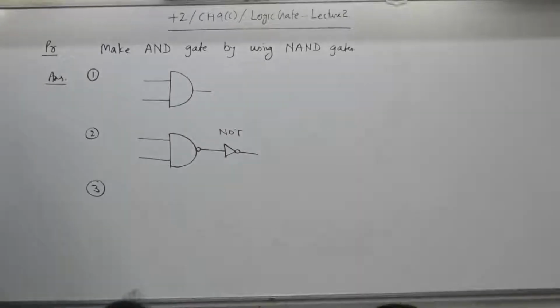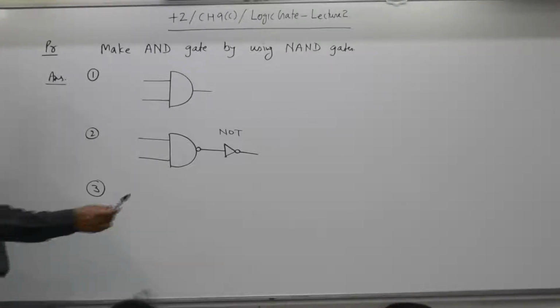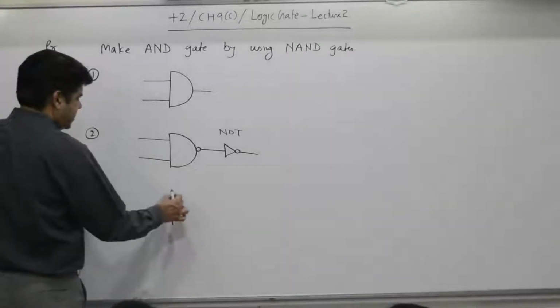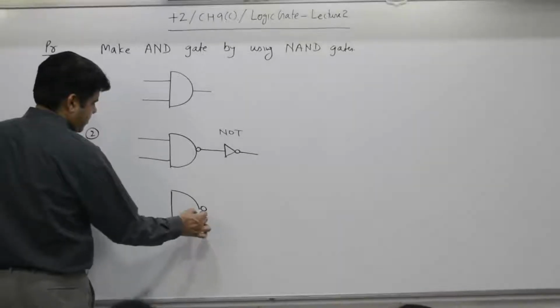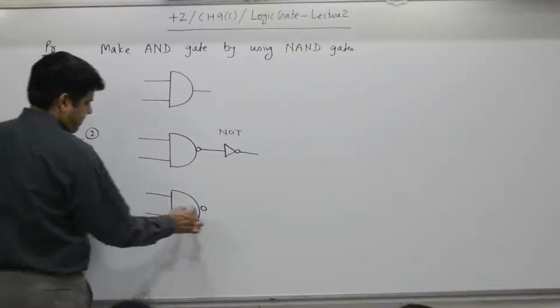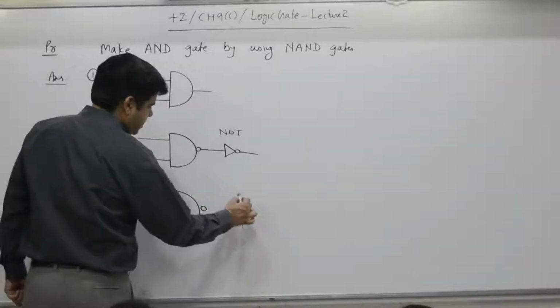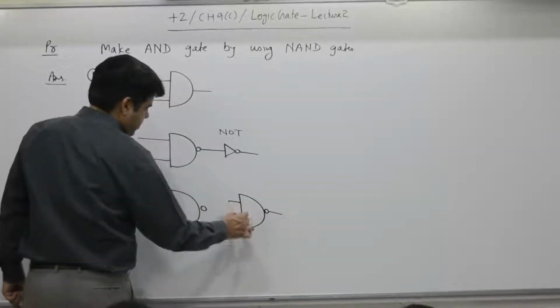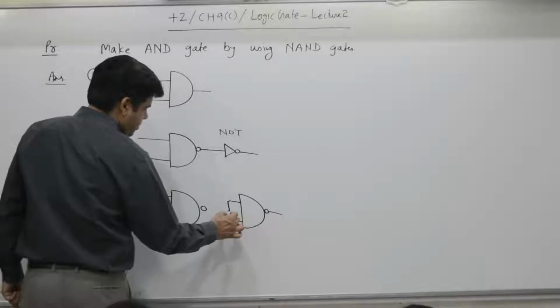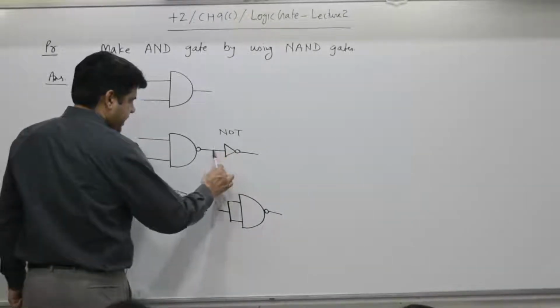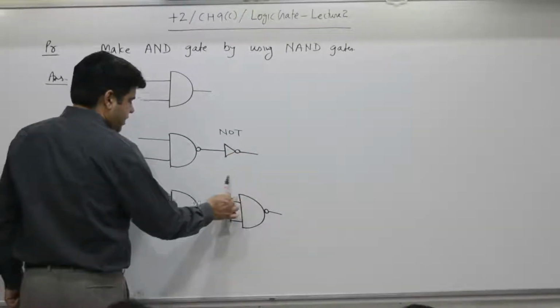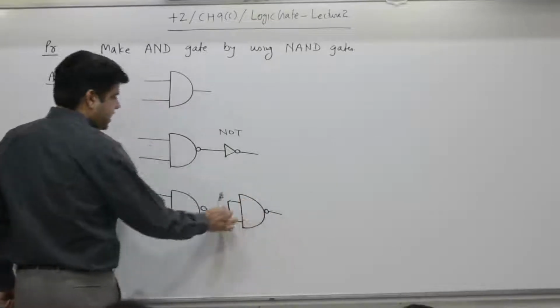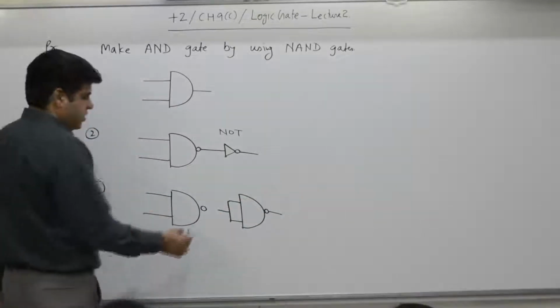How you make a NOT gate using NAND gate? Yes, short circuit. Correct answer. A NAND gate, short circuit, it's two inputs. This NOT gate can be realized using a NAND gate.